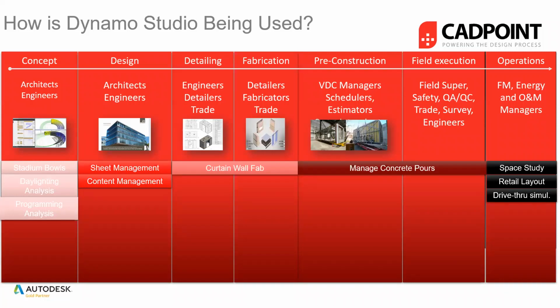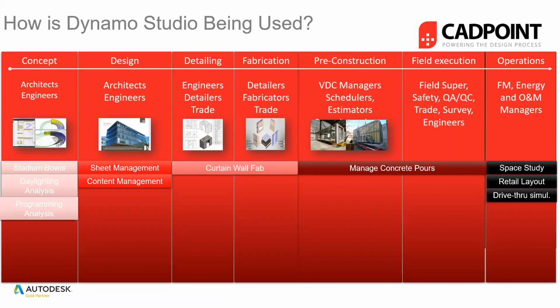You can program Dynamo, for example, to create a sheet for every single view that you've created within your Revit project. It will actually place that view on the sheet itself. You might just have to go back and tidy it up and maybe center it or change your viewport, but you can see how it allows you to manage that content and automate those types of workflows as well.